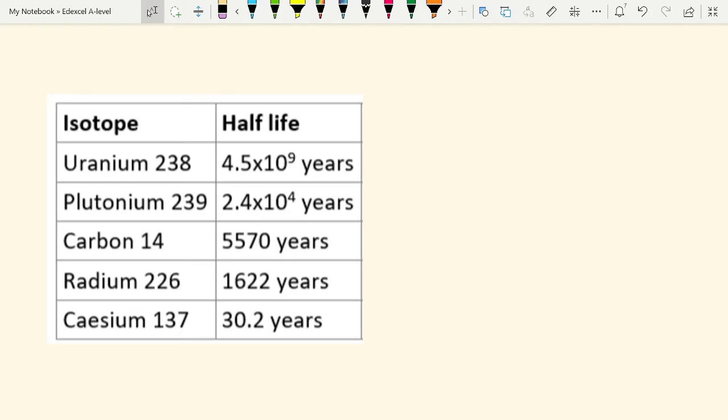They're used in radioactive dating, so uranium is often used in the dating of rocks, and carbon-14 is used in the dating of human archaeological sites. And if the environment has been contaminated by a nuclear accident, oftentimes cesium-137 is released in that case, and that has a half-life of 30.2 years. Remember, that is the time it takes to fall to half.